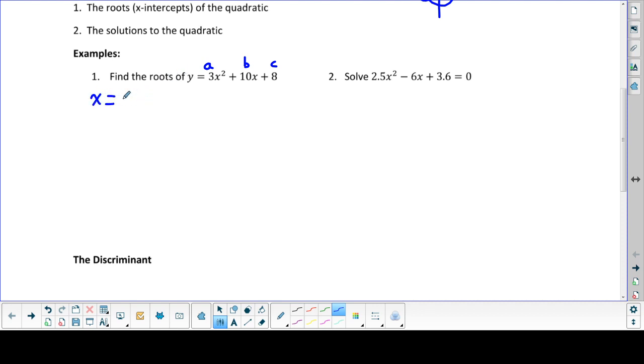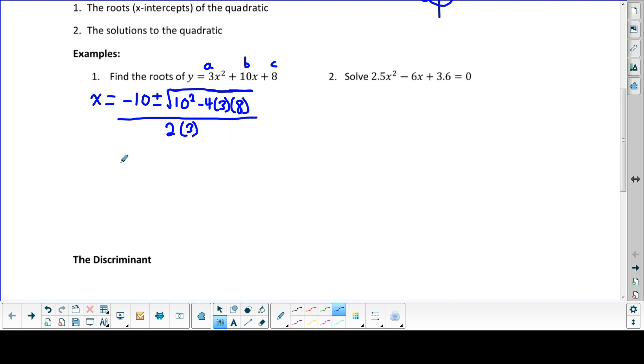So negative b, so negative 10, plus or minus the square root of b squared minus 4 times a, which is 3, times c, which is 8. All right. All divided by 2 times a.